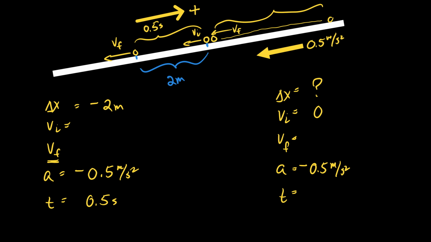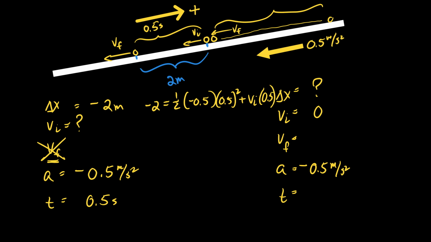So let's do what we have to do to find the initial velocity here, and I don't care about that. I'm thinking -2 equals 1/2 times -0.5 times 0.5 squared plus VI times 0.5. Kind of cramming it in there, sorry.